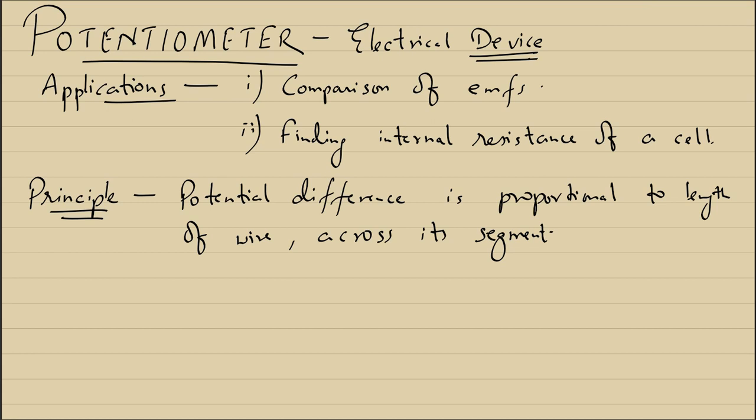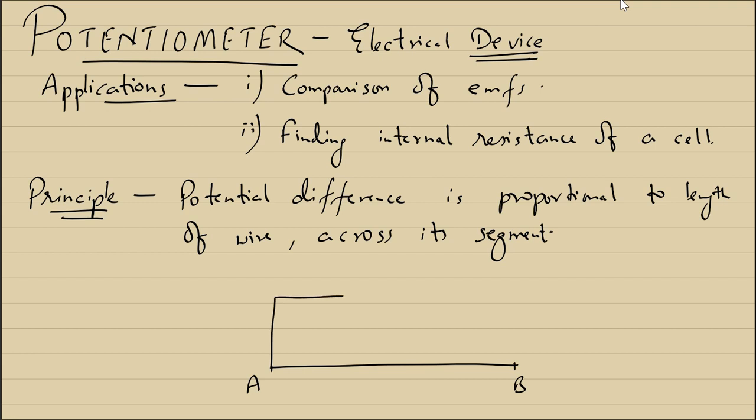What we mean by this principle you will understand in a while. Let us first understand the circuit diagram. The circuit diagram across many books, notes or your lab manual you will find like this. This is the wire AB of the potentiometer wire.